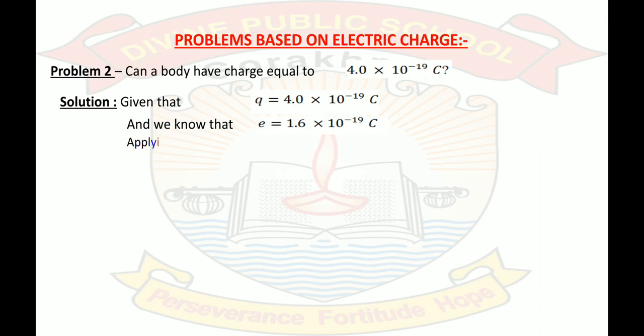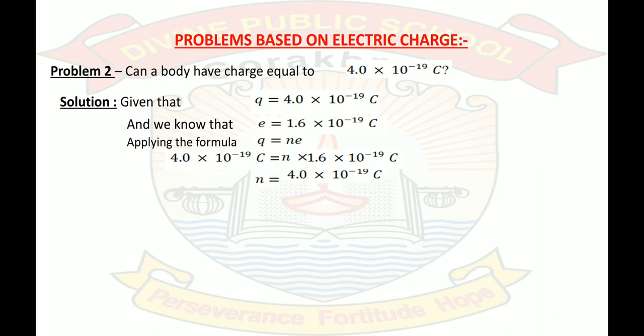Now we will solve for n. Q is equal to ne. We put the values and get 4 into 10 to the power minus 19 coulomb is equal to n multiplied by 1.6 into 10 to the power minus 19 coulomb. For n, we get 4.0 into 10 to the power minus 19 upon 1.6 into 10 to the power minus 19. If we solve it, we have n is equal to 2.5.